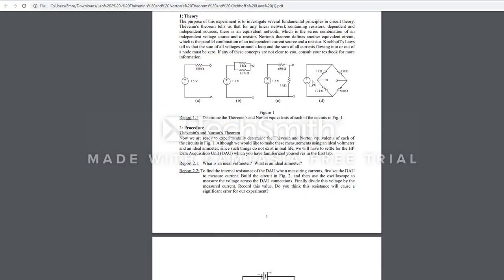Now for the last and the most complicated circuit among those four. We need a 1K, a 1.2K, 150 ohm, and 560 ohm resistor.